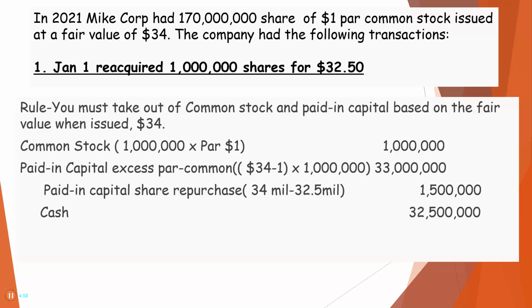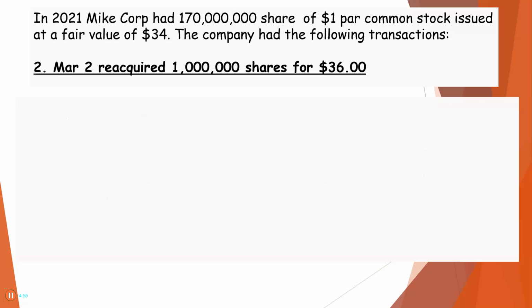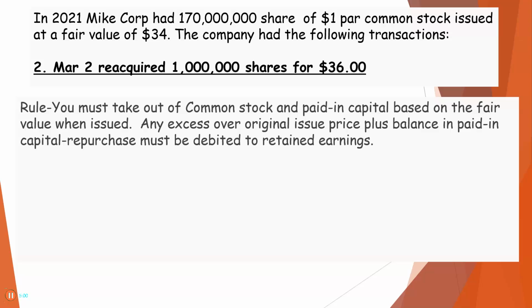Now what happens the next time we reacquire? We would do this. The rule is you must take out of common stock again and paid in capital based on the fair value when issued, and in our example again is $34, and any excess over the original issue price plus balance in paid in capital repurchase must be debited. So now let's look at those journal entries.